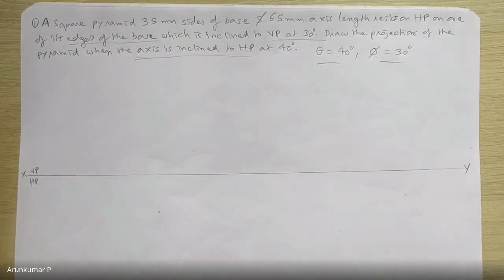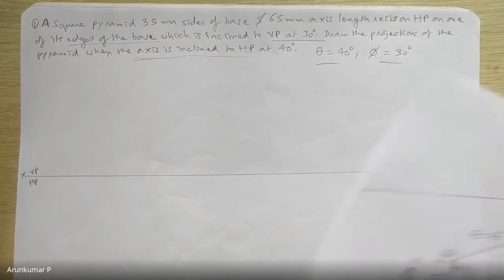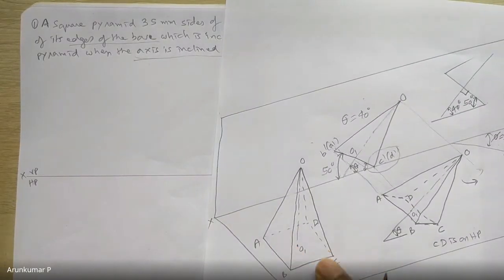Okay. First step, top view will be a square resting on an edge. So ABCD.